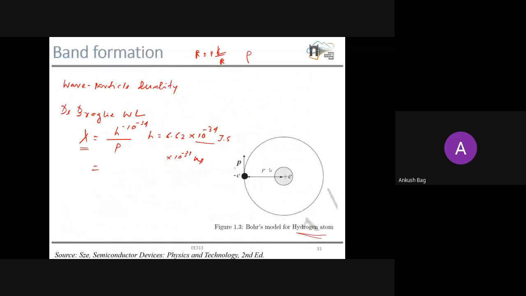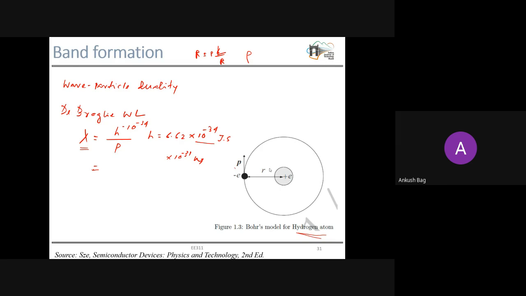So primarily we discussed how the bands are forming in solid state materials. We started with the basic concept of quantum mechanics, that is wave particle duality, and considered the hydrogen atom being the simplest atom.